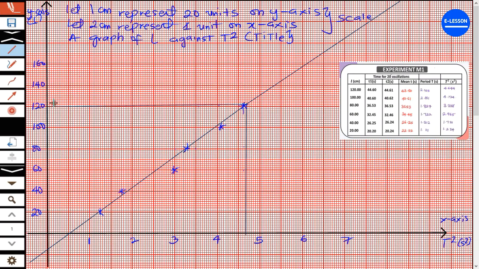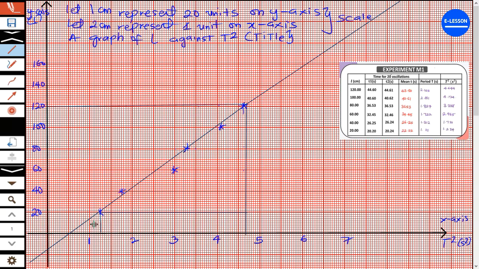Anyway, it's coming to 120. Are you getting it now? And then I took that point. Now, I'm not supposed to rule this down. I will rule it to the point at which we take our second point. Where's the second point here? The second point is here. So let's take this one as our second point, right? And then you bring this one down like this.